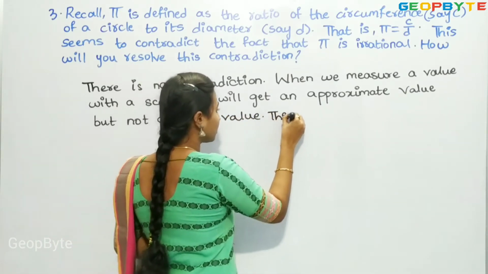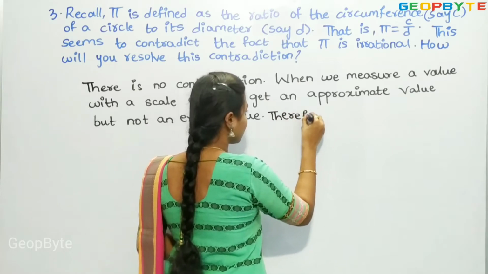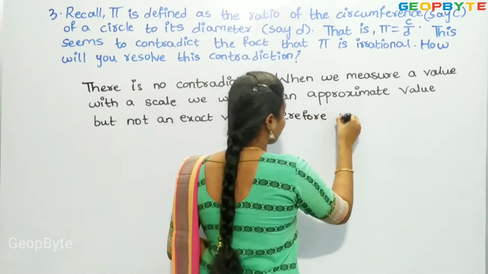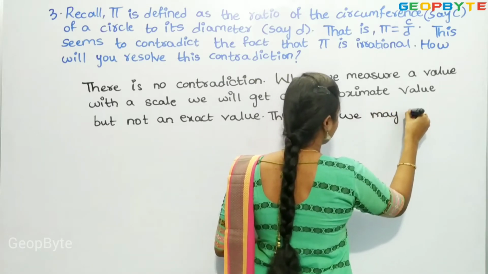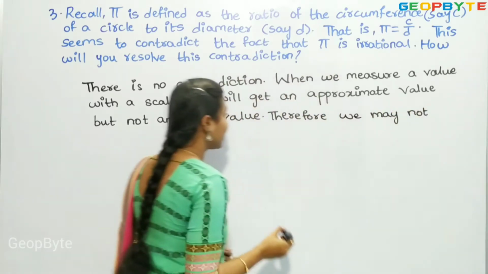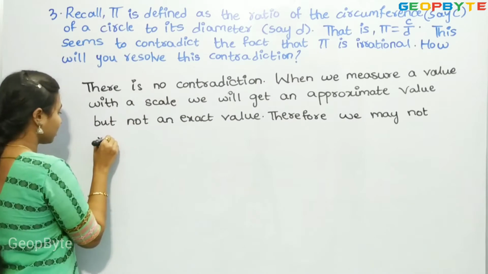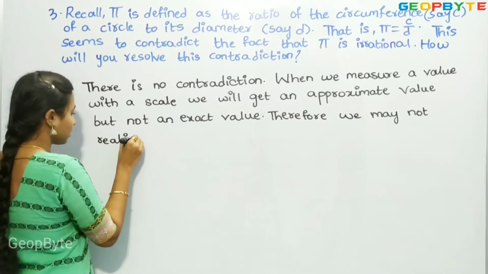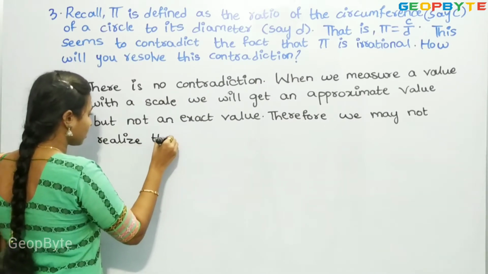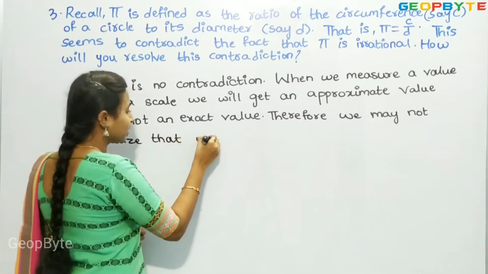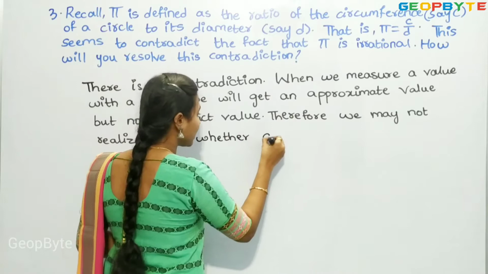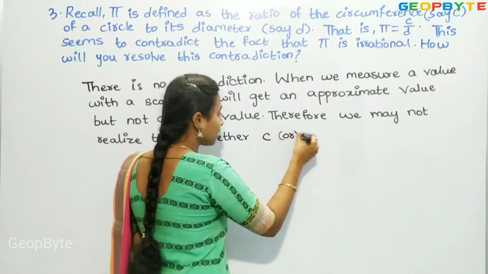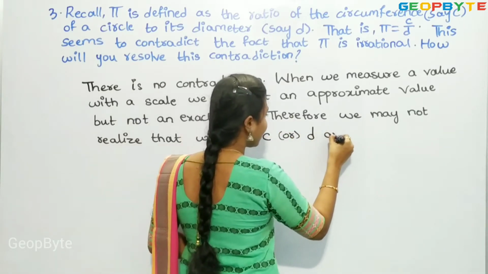Therefore, we may not realize whether C or D are irrational.